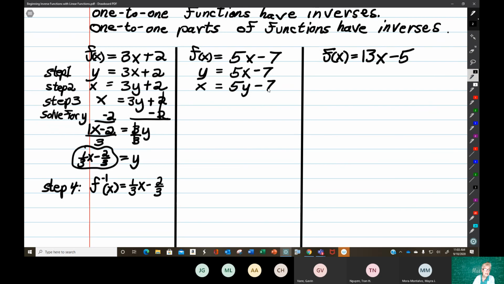Now step 3, and again, here in these problems, it's just a few lines, but there can be problems where it takes almost a whole page, trying to solve for y.